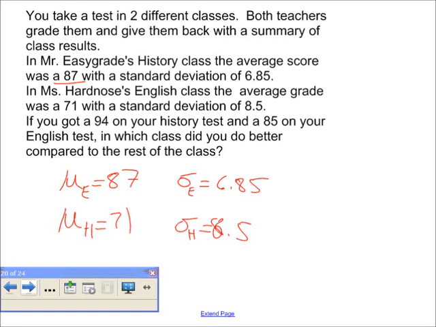You get a 94 on the history test and an 85 on the English test. These are actually your grades. And so the question then becomes, whose class did you actually do better in?